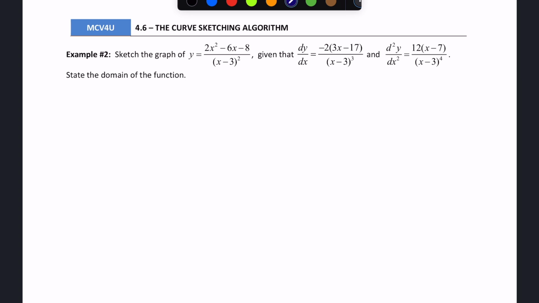So let's first look at our function itself. If we write it out, we can rewrite it as y is equal to 2, so we'll factor out a 2 from the top, and we'll have x squared minus 3x minus 4 at the top. And at the bottom, we'll still have our x minus 3 squared.